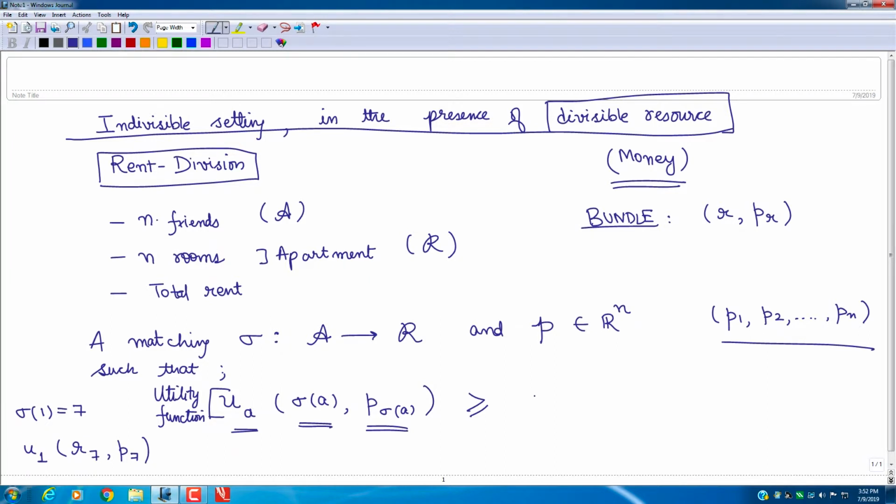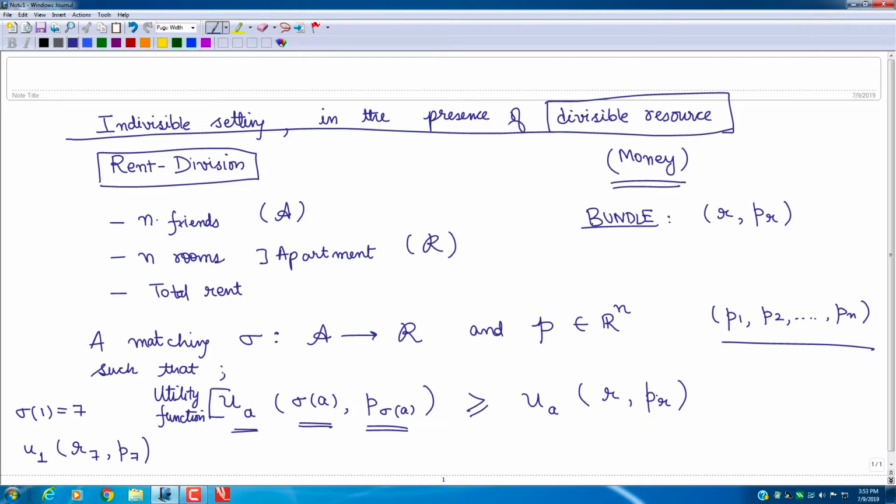He shouldn't be envious of any other friend, again under the imposed rents P. So it should be U of A, sigma(A), P of sigma(A) at least U of A, any other room, so sigma(B), but which I can write as R comma P_R.